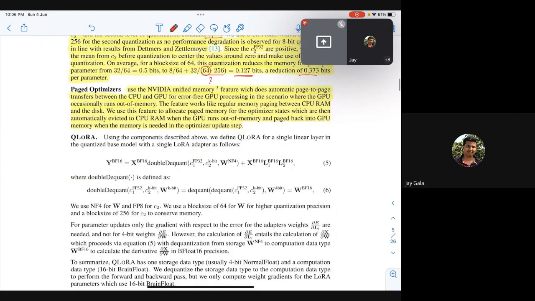Another thing which essentially makes it happen is paged optimizers, and this has to do with NVIDIA. NVIDIA has functionality for unified memory mapping between CPUs and GPUs for effective transfers, so that there is no error on the GPU when you process the data.